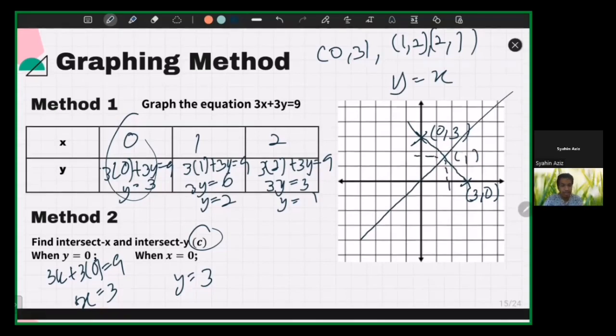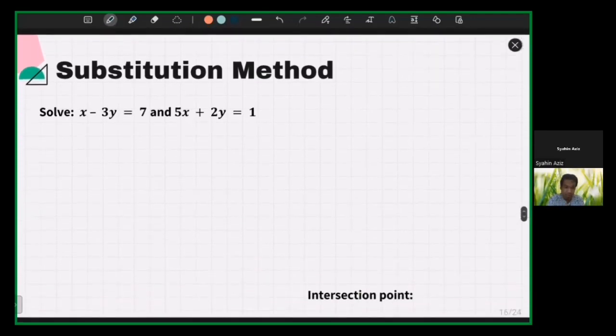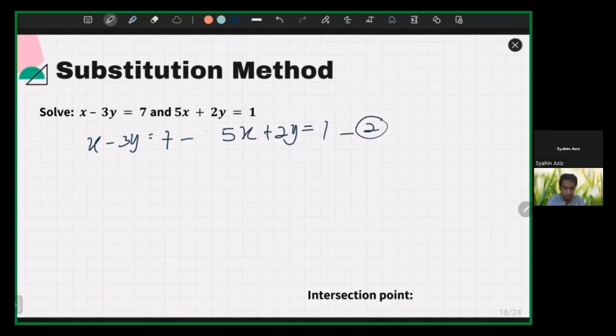Okay. By substitution method, we solve it using the substitution: x minus 3y equals 7 and 5x plus 2y equals 1. So this is equation 2, this is equation 1. Right.